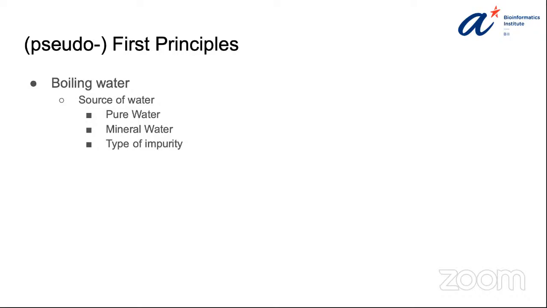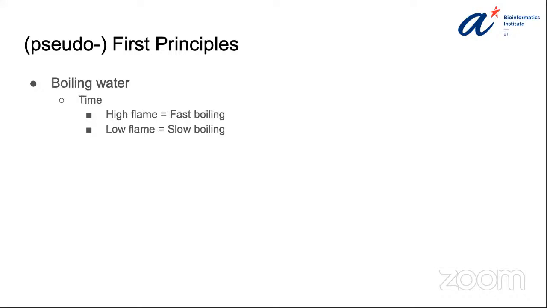But if you add impurities to it, the boiling point is going to get affected, right? So first of all, your understanding was limited: fire on boils water, fire off does not boil water. Then your understanding improved, and you realized that the amount of heat being produced by the flame is also an important variable, and it controls how fast or how slow the water is going to reach boiling, right?